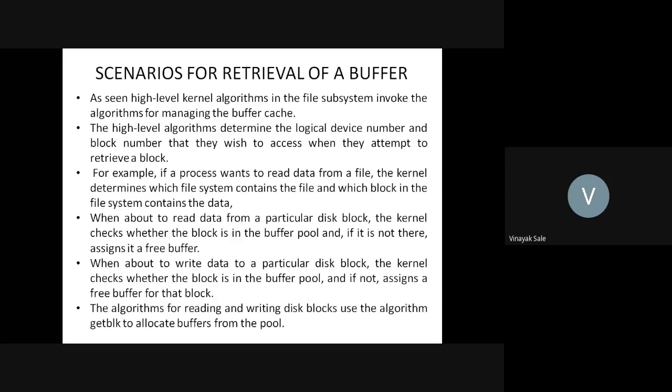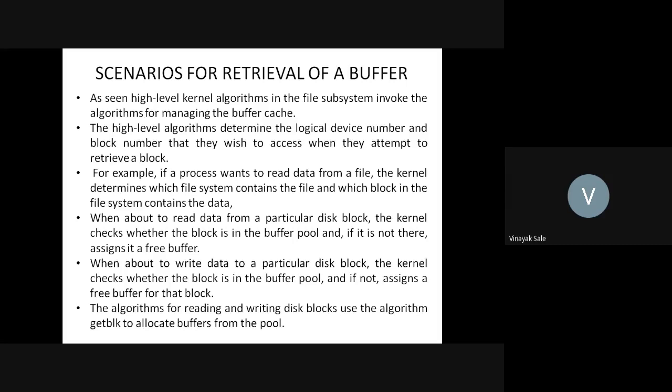When about to read data from a particular disk block, the kernel checks whether the block is in the buffer pool. If it is present, okay. If it is not there, then it assigns a free buffer.